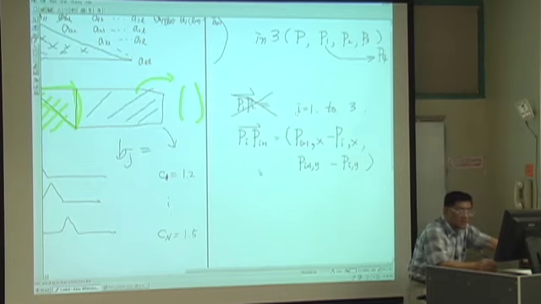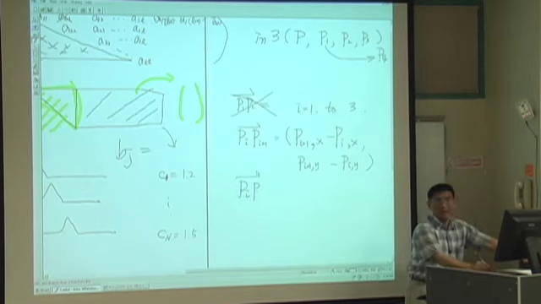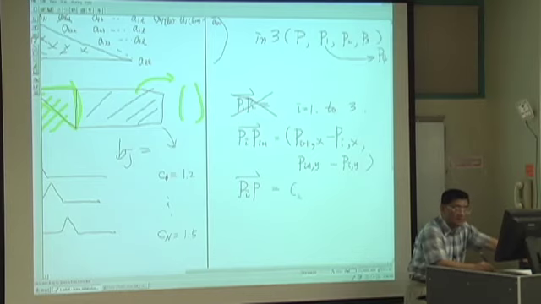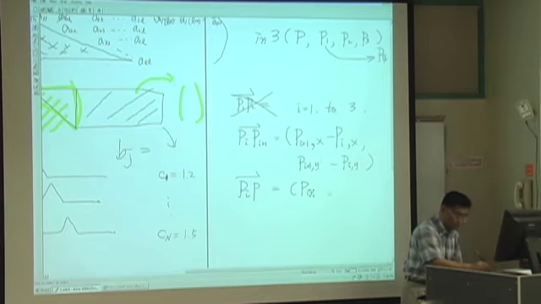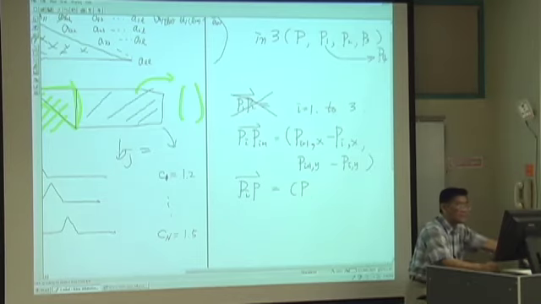I will create one more thing. Pi to P vector should be created, right? Pi to P, then it is nothing but Pi plus Pix, this Px vector minus Pix.